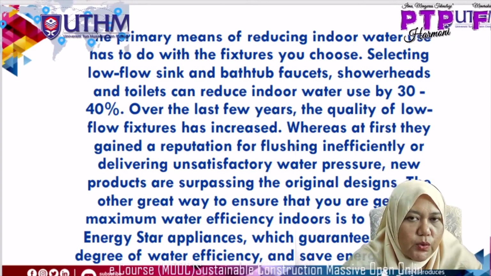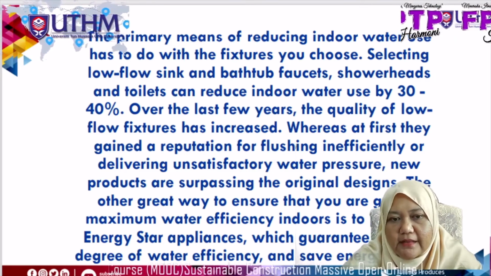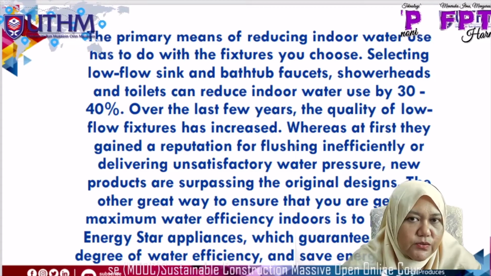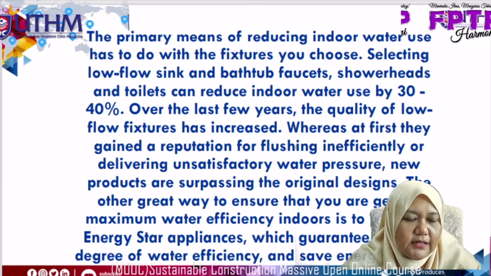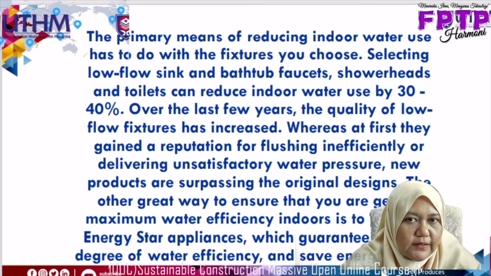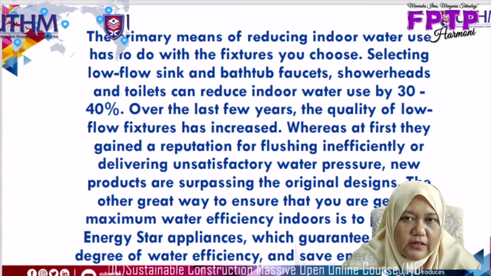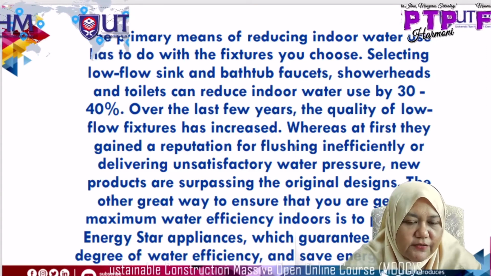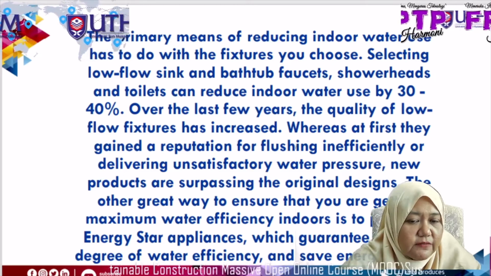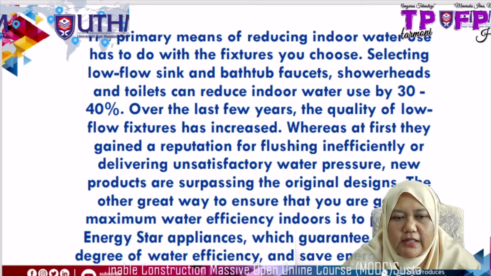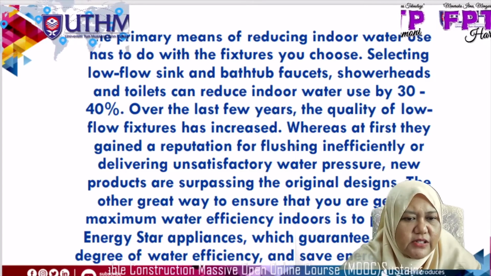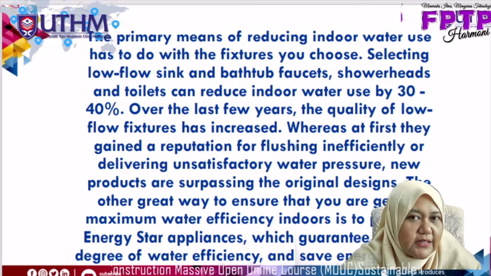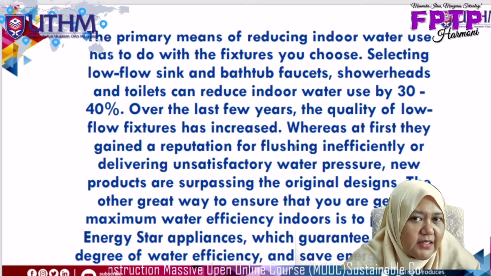Selecting low flow sink and bathtub faucets, shower heads, and toilets can reduce indoor water use by 30 to 40%. Over the last few years, the quality of low flow fixtures has increased, whereas at first they gained a reputation for flushing inefficiently or delivering unsatisfactory water pressure. New products are surpassing the original designs.